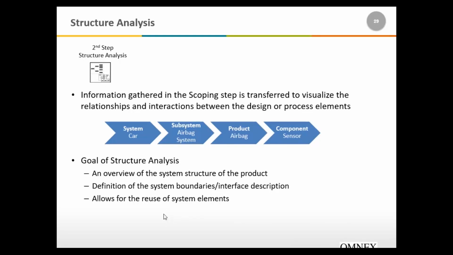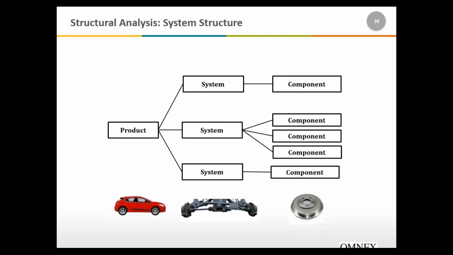We definitely would have the definition of the system's boundary and interface. And if we have it done properly, we can assist in the reuse of the different elements at different stages. All right, next slide.